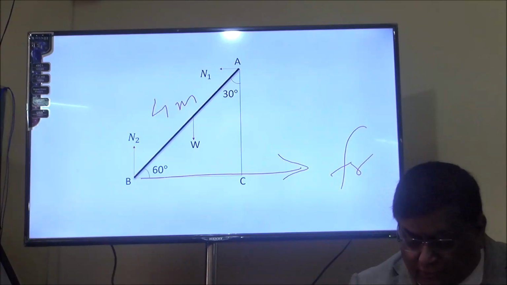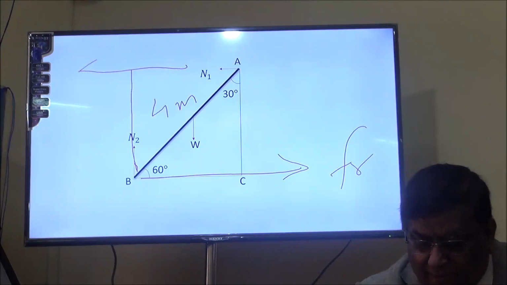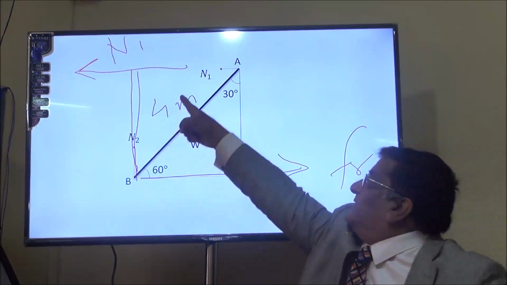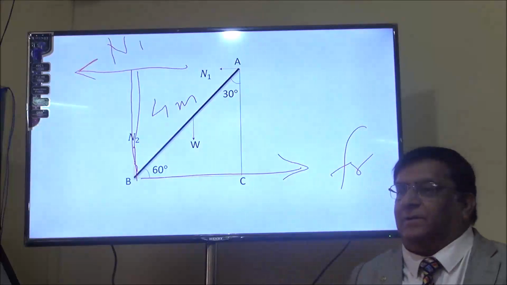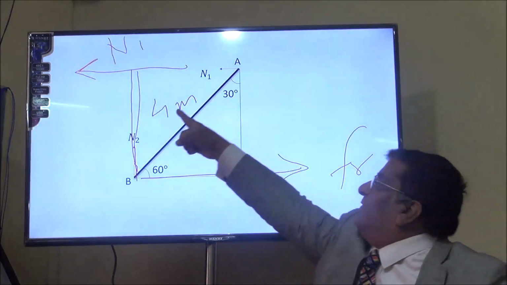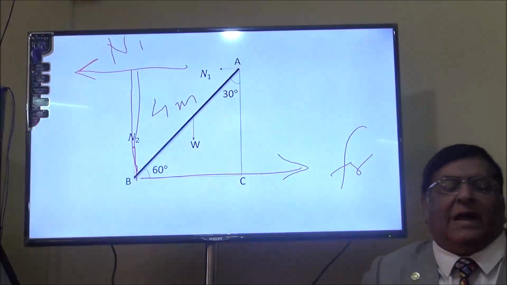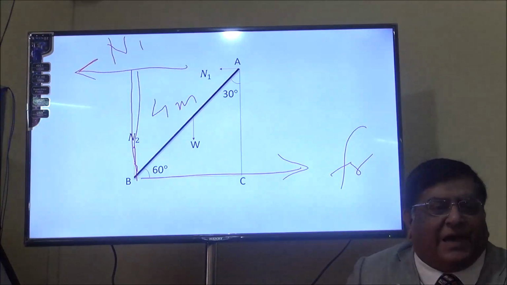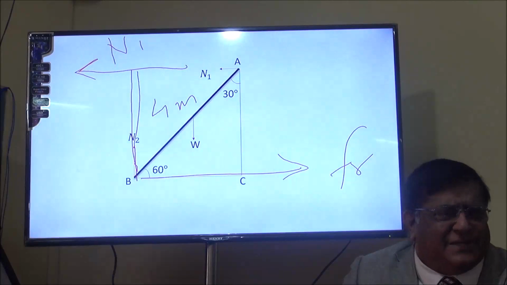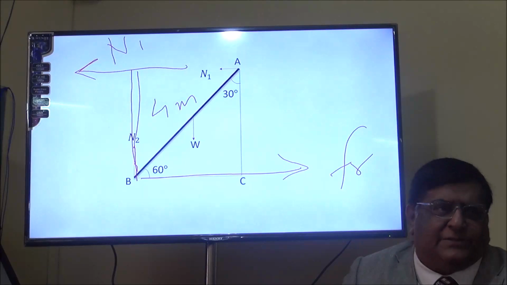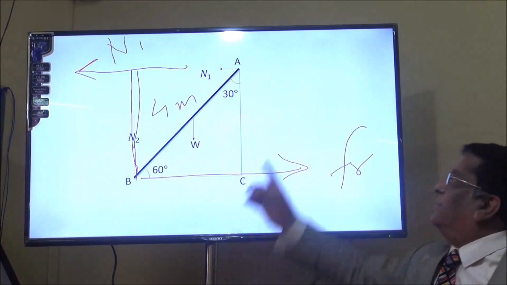Because if you don't use that line, you would like to use this line. Here is N1 and this is the perpendicular distance. So how much will be the moment, N1 into this distance, which is equal to AC. And AC is equal to 4 sine 60. How much is sine 60? Yes. So it will be 2 root 3. You got it? 2 root 3 into N1.